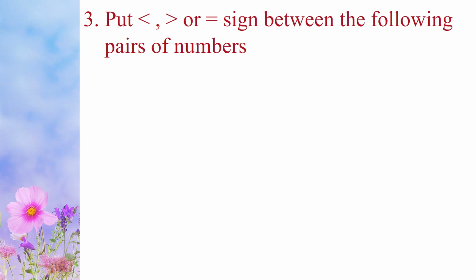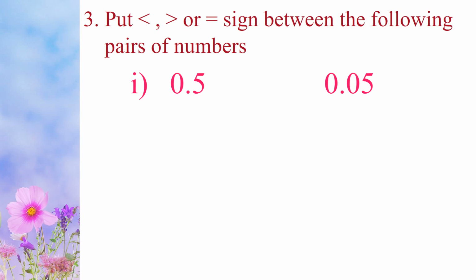Third problem. Put a less than, greater than or equal sign between the following pairs of numbers. The first one, 0.5 and 0.05. By comparing, the whole number part is the same.